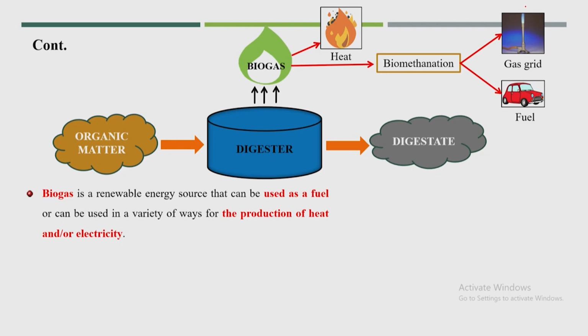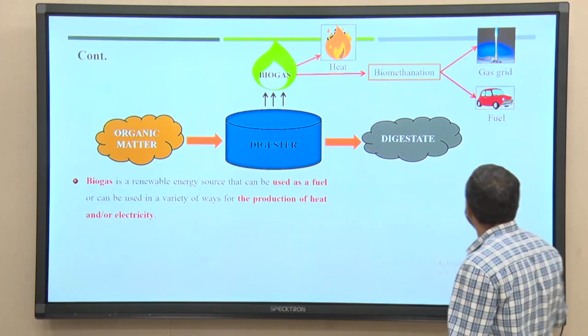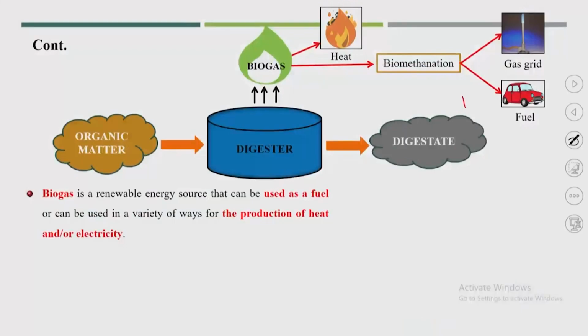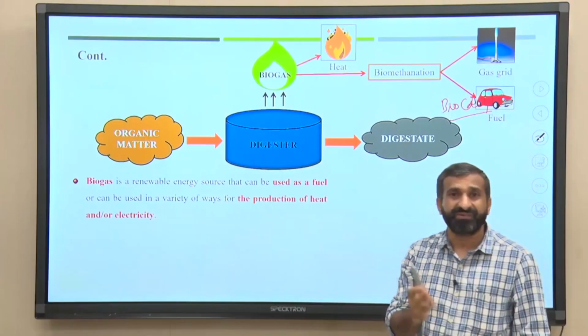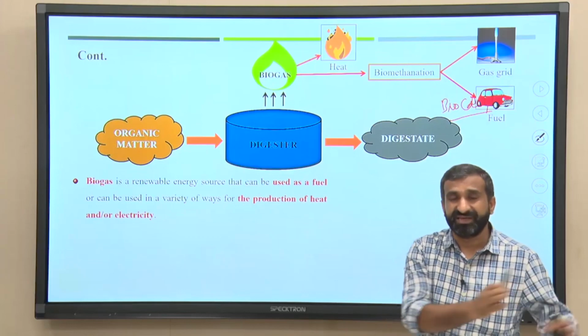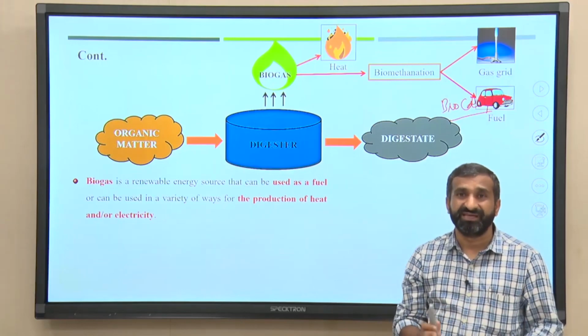Or if we are getting 95% methane, we can call it bio CNG. Normally the CNG that is available contains 95 to 98% methane, but that is chemically produced methane.